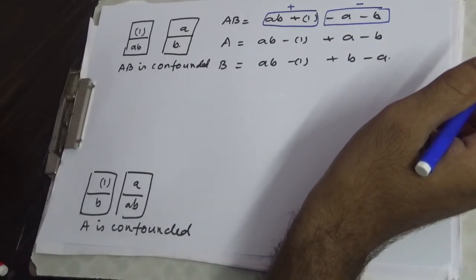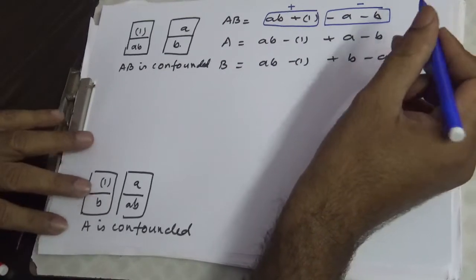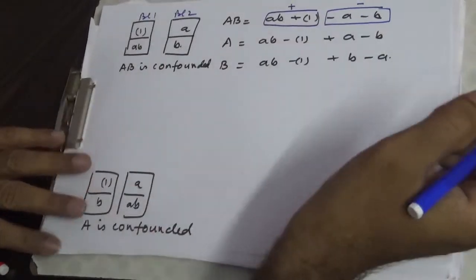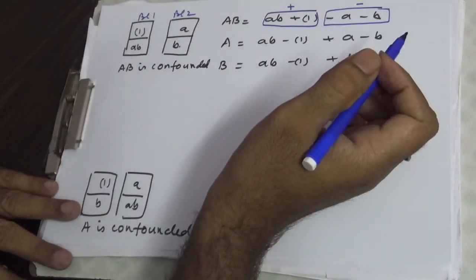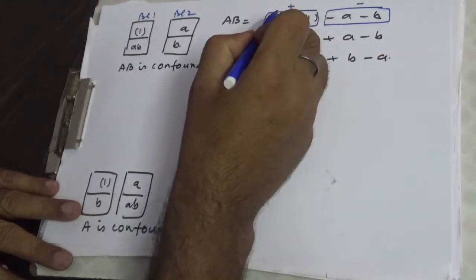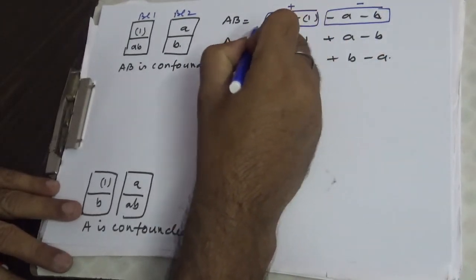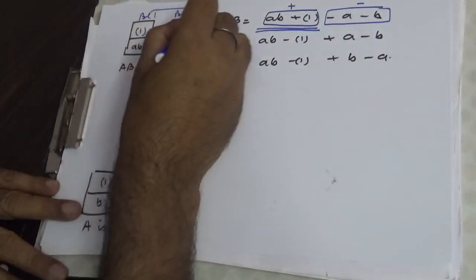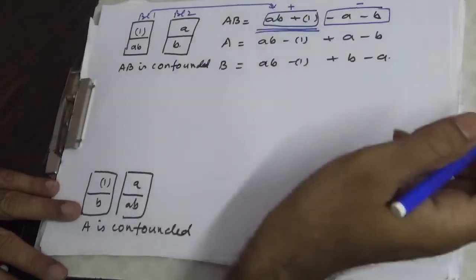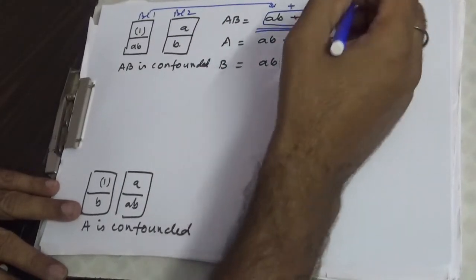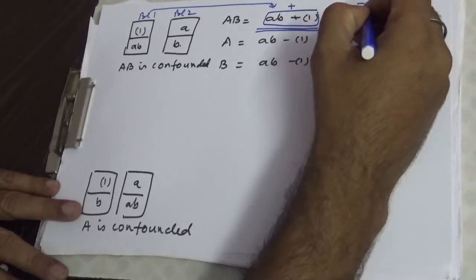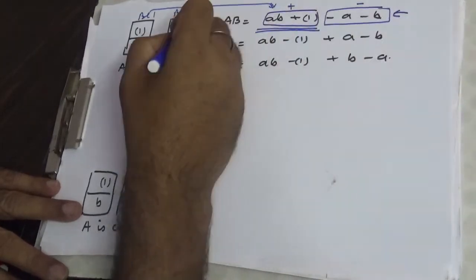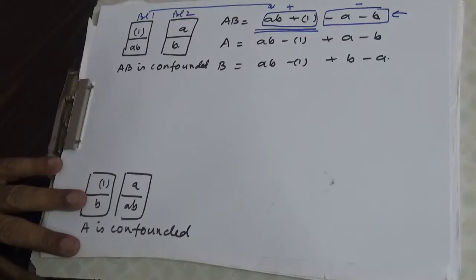Now if you observe the block arrangements here, this is block 1 and this is block 2. You can see that these two treatment combinations which occur with positive signs, 1 and AB, are here. And the remaining treatment combinations, A and B, which were occurring with minus signs, have been assigned to the other block.